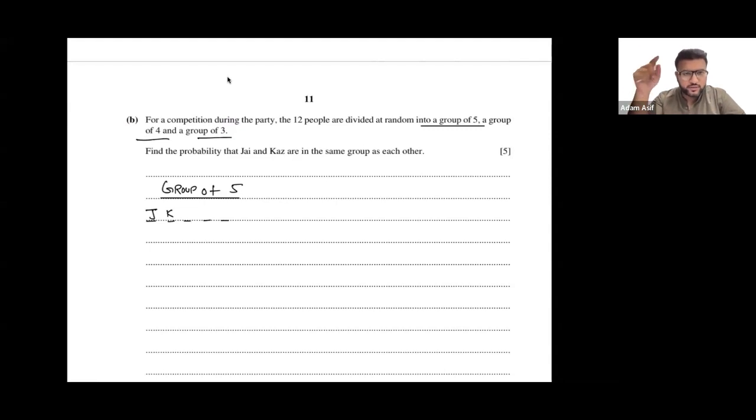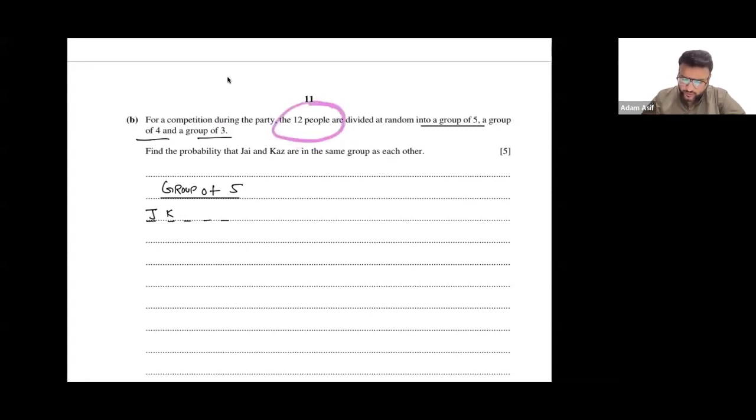They have to be in the same group. We need to find the probability that J and K are in the same group. So we have a group of 5, a group of 4, and a group of 3, and there are a total of 12 people.